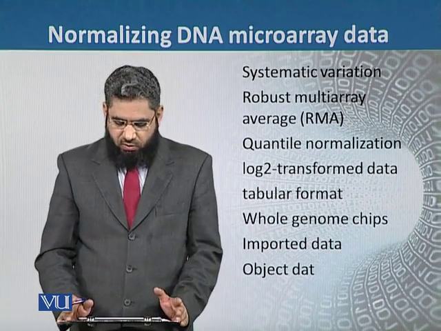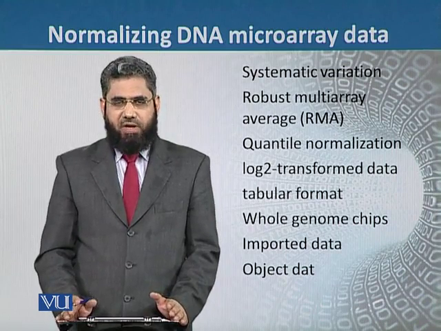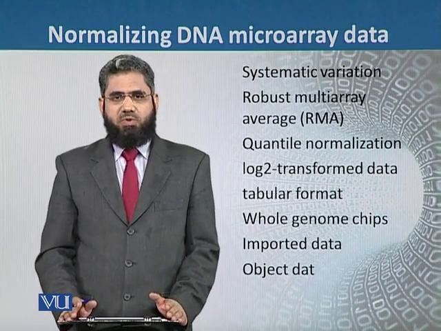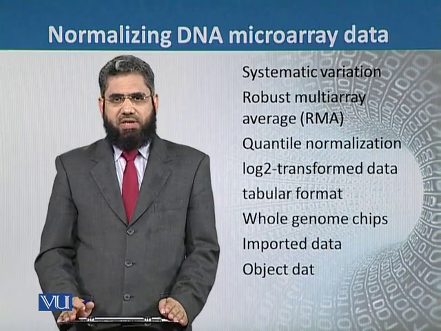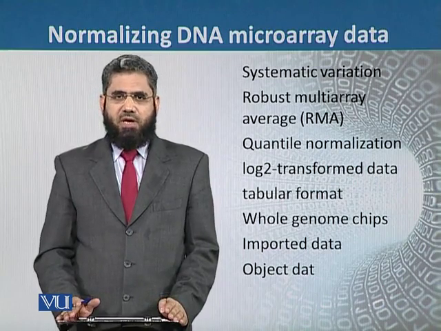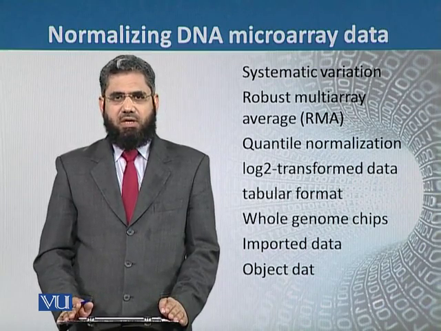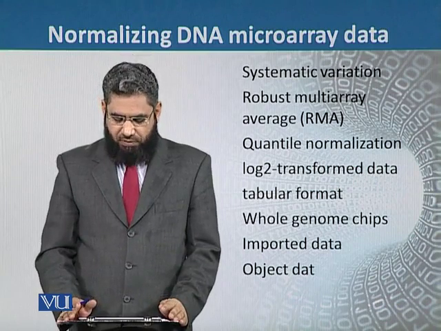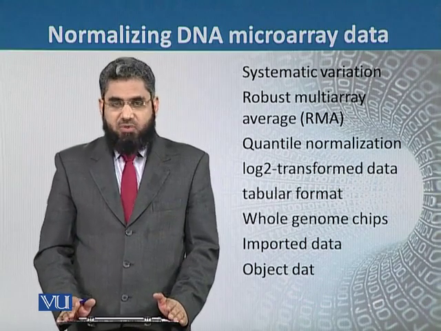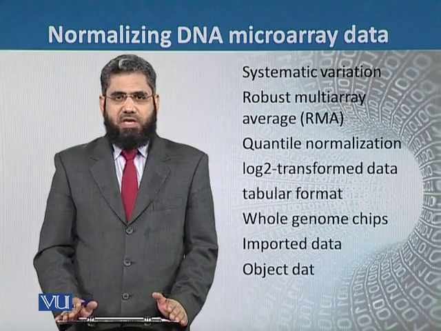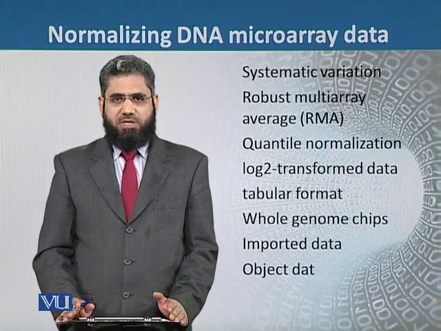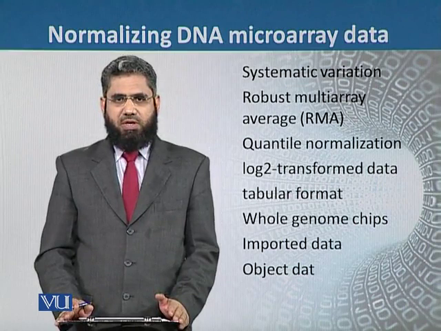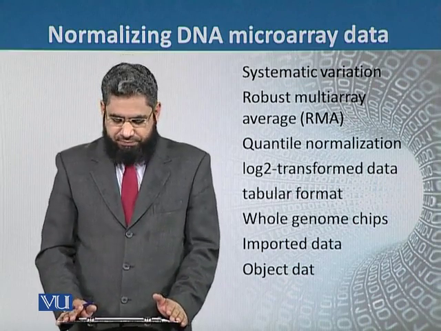And this RMA, or robust multi-array average program, cannot be used for any of the other data that is generated either by the Agilent or the Illumina company. So we cannot use the same type of normalization process for each of the companies.